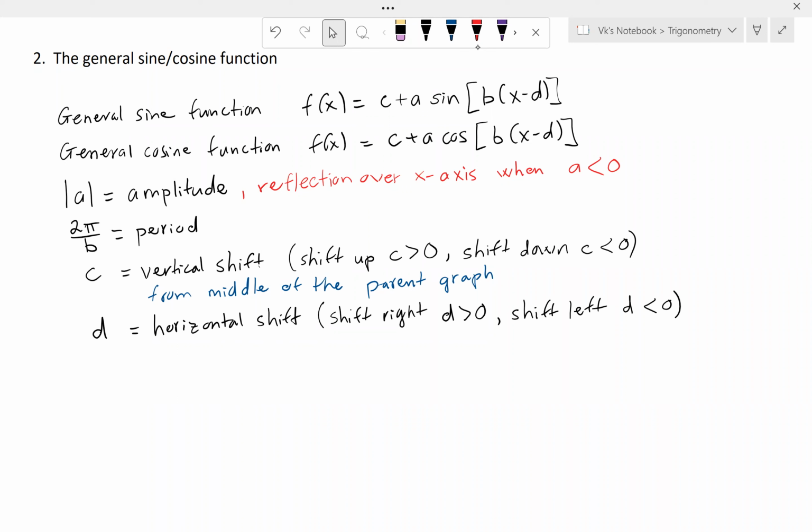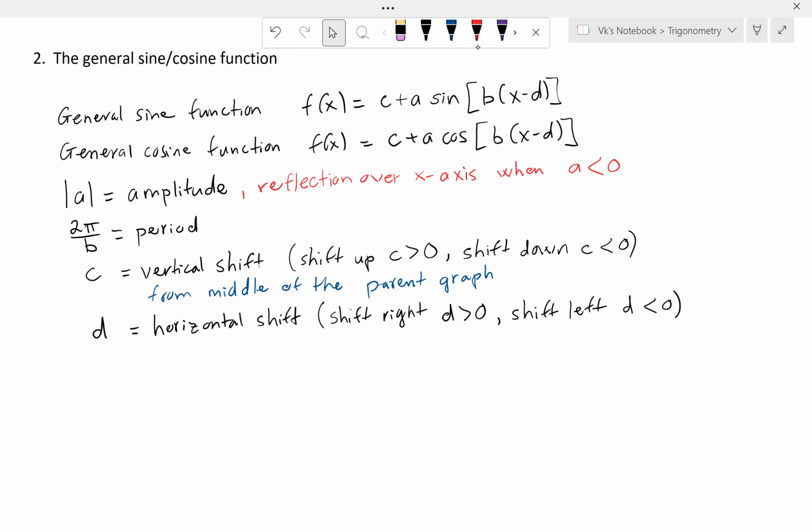That is the distance from the middle of the graph to the maximum output of the graph. And we have a reflection over the x-axis when the value of a is less than 0.